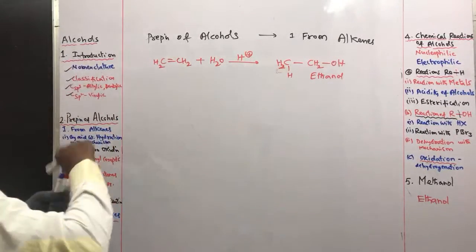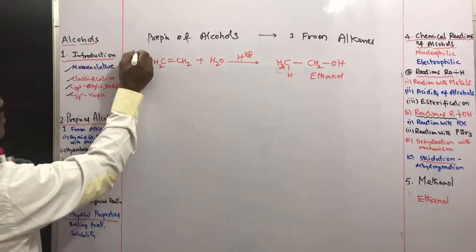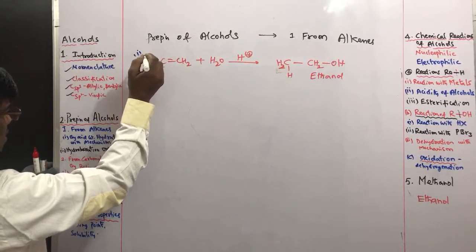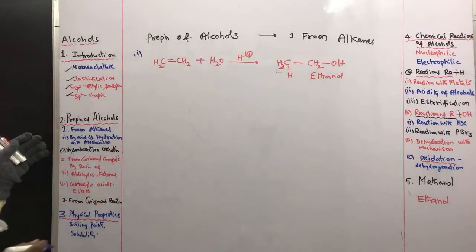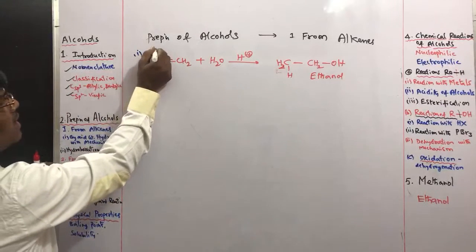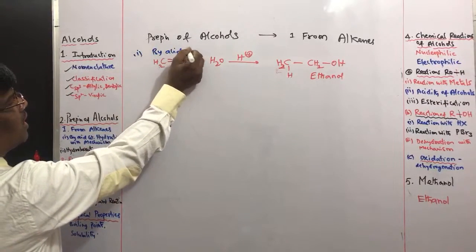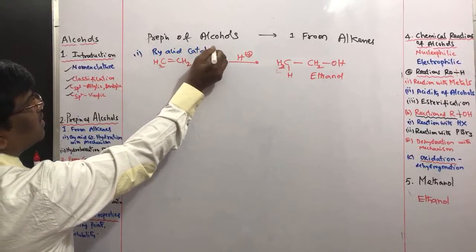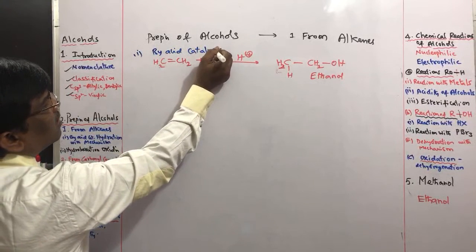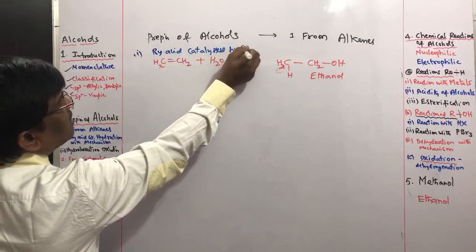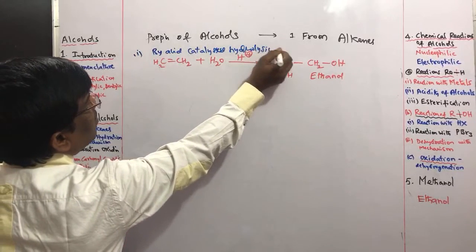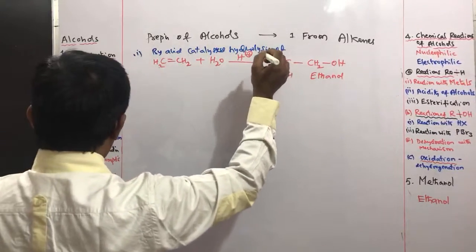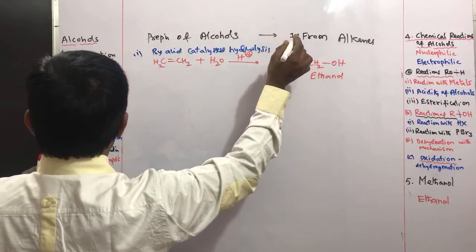So the first method under this is, dear students, we can prepare alcohols by acid catalyzed hydrolysis of alkenes.